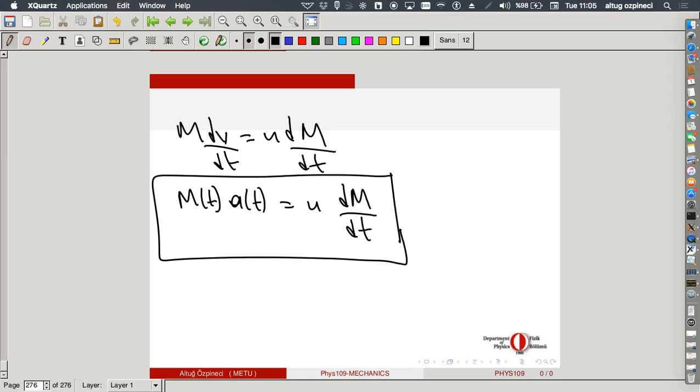Nevertheless, if you just treat this combination as the force, you see that the force that the exhaust exerts on our rocket is proportional to its speed. The faster you throw away the exhaust, the larger the acceleration will be. And dm by dt is the rate of burning fuel. If you burn the fuel faster, you will be gaining a larger acceleration.